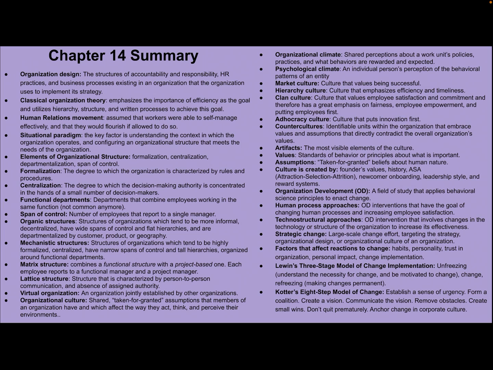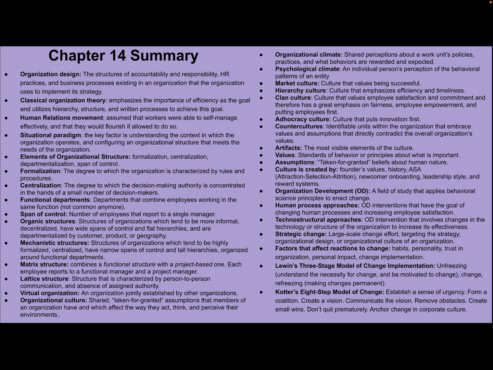Factors that can affect reactions to change include habits, personality, trust in the organization, personal impact, and change implementation. And the two models that we talked about of change implementation are Lewin's 3-stage model, which has unfreezing, where we understand the necessity for change and be motivated to change, then the change stage, and then refreezing, making those changes permanent.